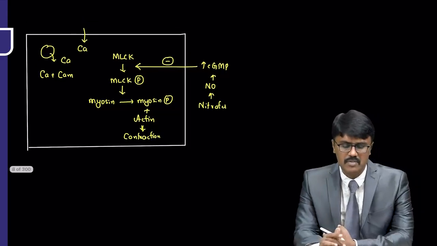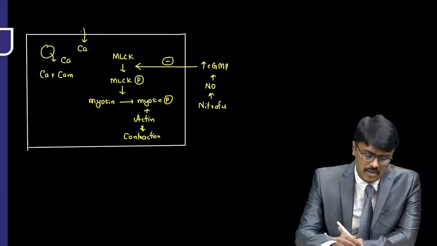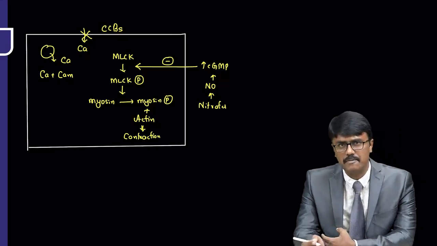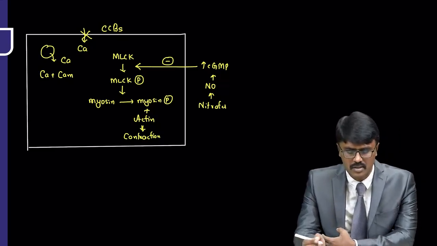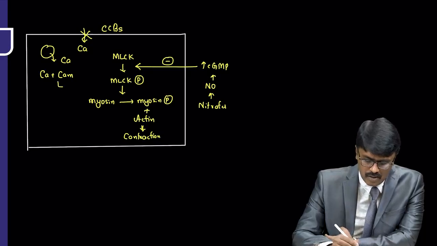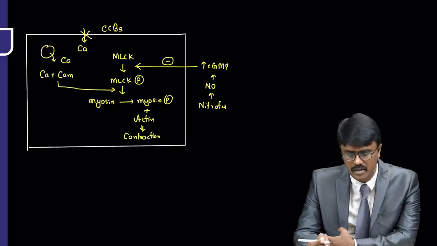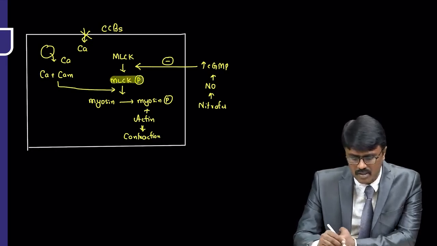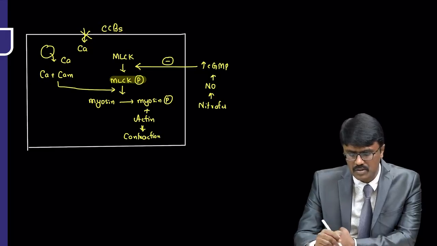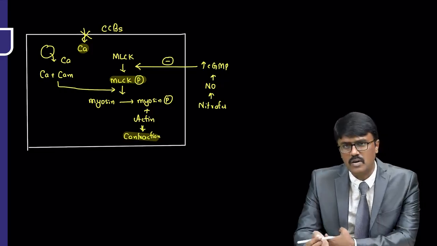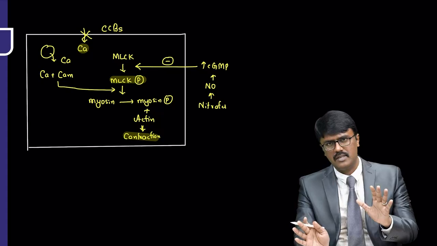Now, if calcium comes, then only the contraction occurs. So the CCBs will not allow calcium to enter. They block the calcium channel. So these are the two major actions. What is the action of calcium calmodulin? It is to convert myosin into myosin phosphorylated by activating myosin phosphorylation. So that is also going to cause contraction. So if I don't allow calcium to enter, there is no smooth muscle contraction. So that is the basics.